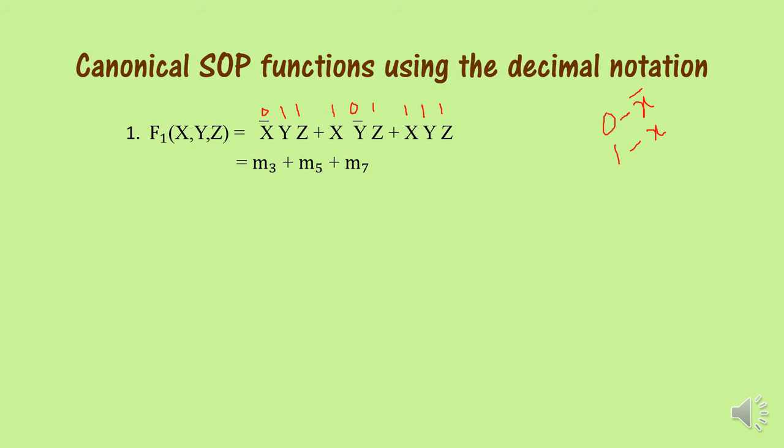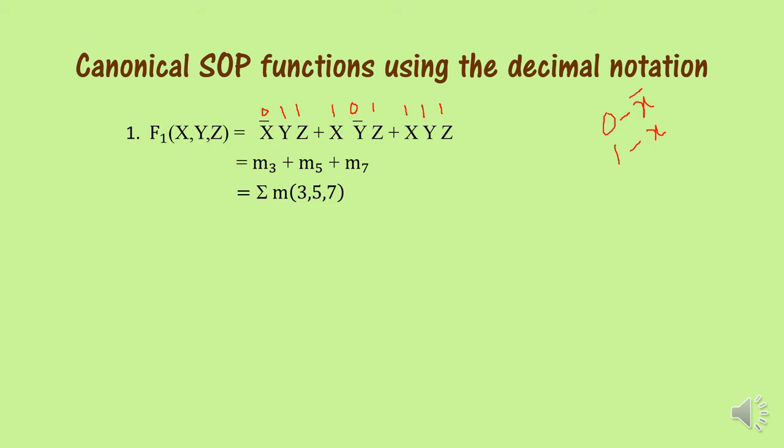We know the standard SOP function is represented by standard minterms, which are represented by small m. So, here we write small m3 plus small m5 plus small m7. This is the decimal notation, that is summation of m in bracket 3, 5, 7. In this way we can easily define a canonical SOP function using the decimal notation.